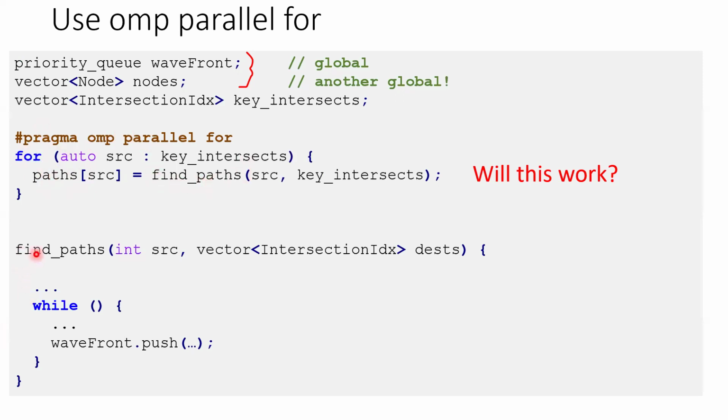Think about find paths. You have multiple threads executing find paths. And these variables are global, which means that they are shared. Is that a problem?